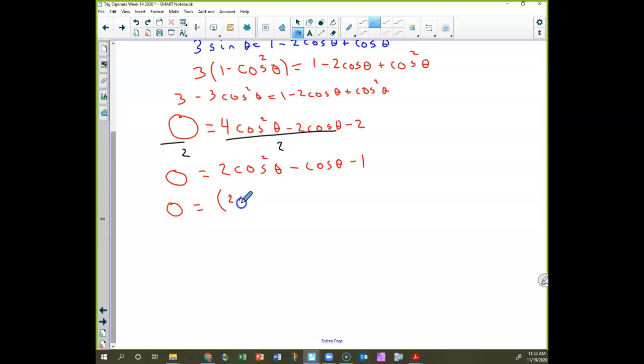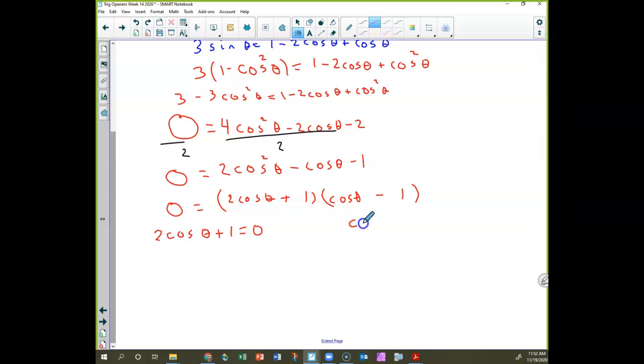2 cosine theta times cosine theta will give us 2 cosine squared theta. 1 times 1 is going to give us 1, and 1's going to need to be positive and 1 negative. We need minus 2 cosine theta and plus 1 to get minus cosine theta in the middle. If you haven't figured it out by now, factoring is a huge skill when it comes to solving.